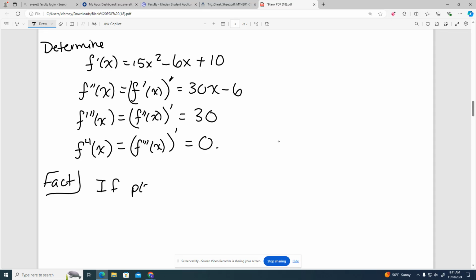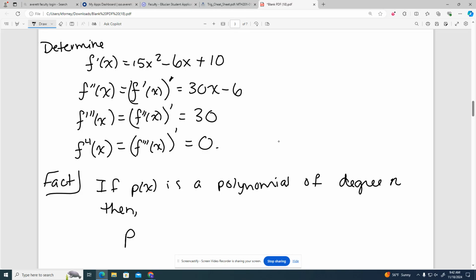Let's say if p of x is a polynomial of degree n, then p to the k of x equals 0 for a k greater than or equal to n plus 1, which is what I just said.